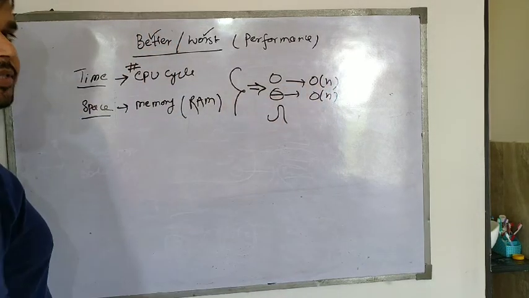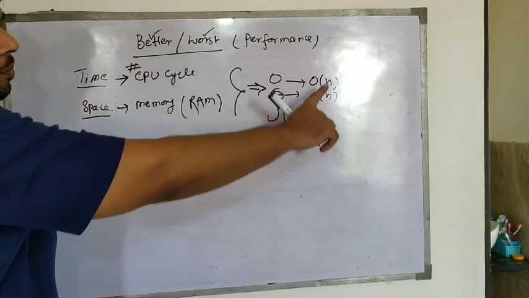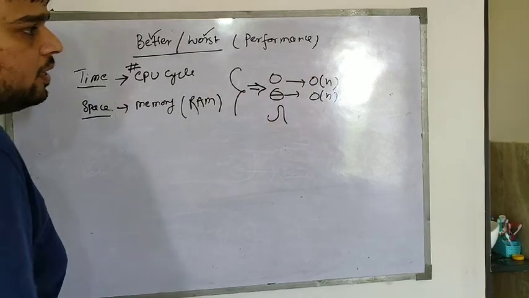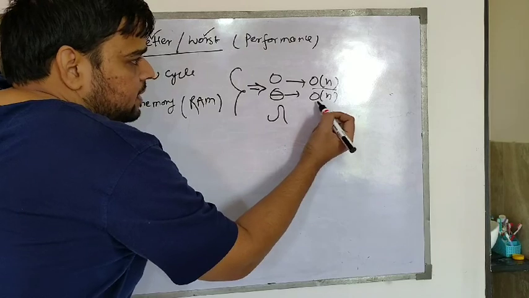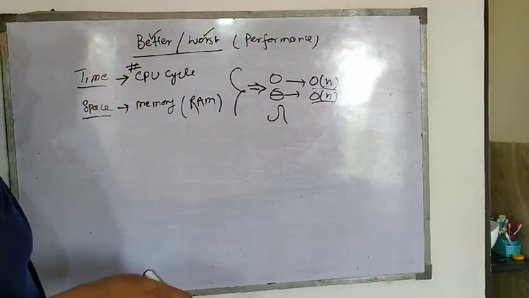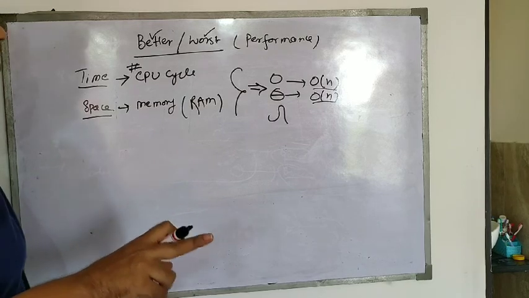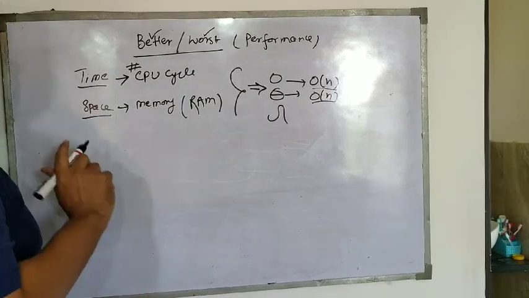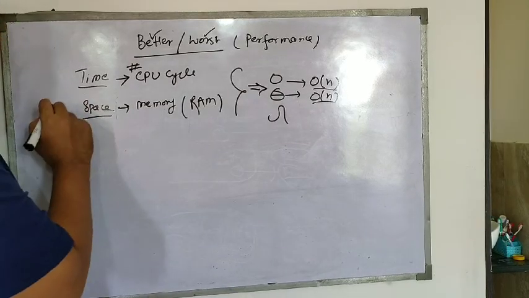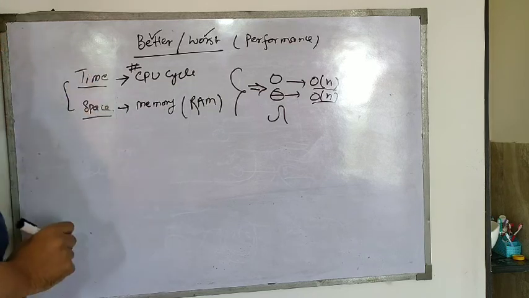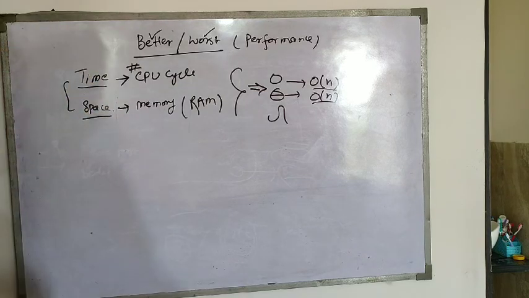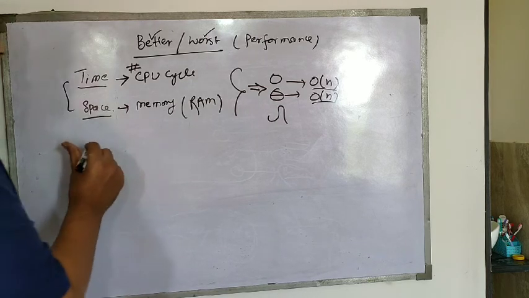N is your input size, and this is representing the complexity. Complexity is a new word if you are not aware of algorithms. Complexity means the overall resources taken by your algorithm.